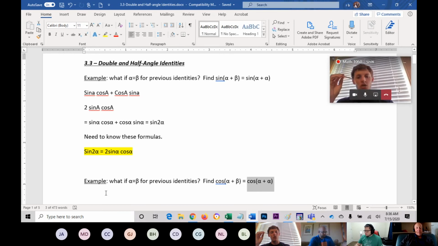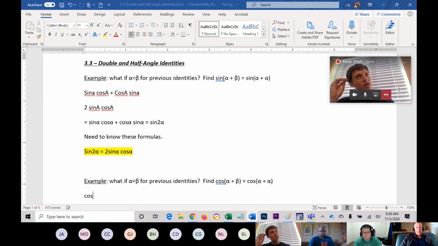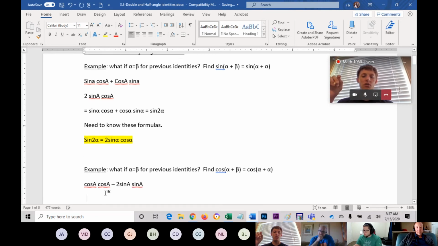Okay, so it'd be cosine of alpha times the cosine of alpha minus the sine of alpha times the sine of alpha. Or 2 cosine alpha minus 2 sine alpha.